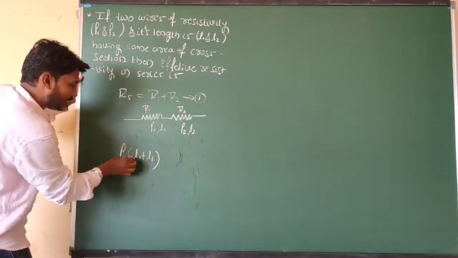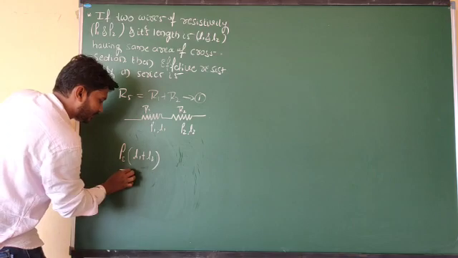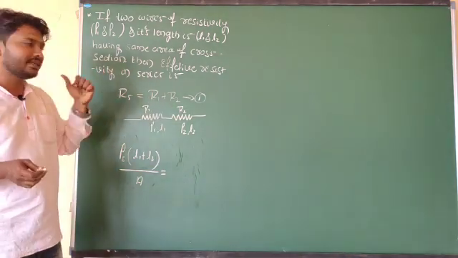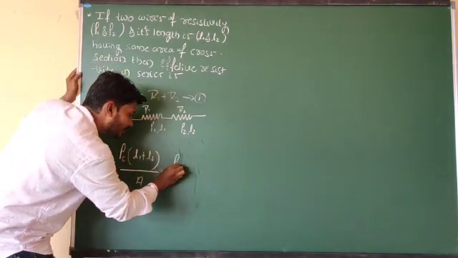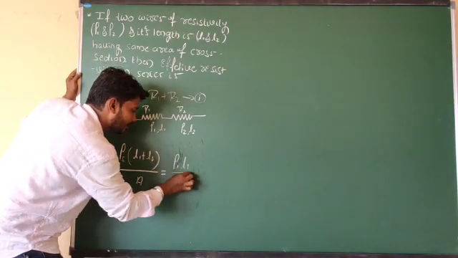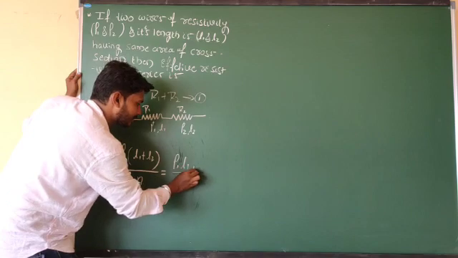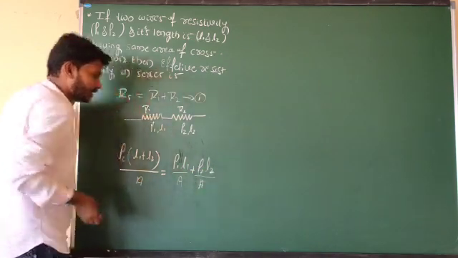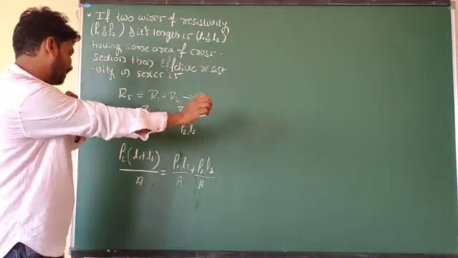Look here, R is equal to ρL by A. The area is the same for the two wires. R_s is ρ1L1 by A plus ρ2L2 by A, so the area term gets cancelled out.